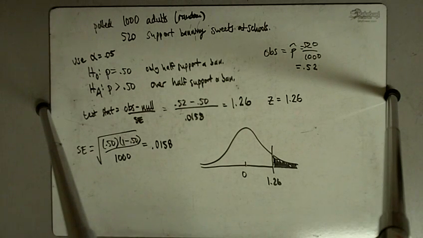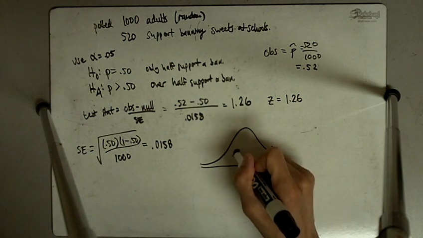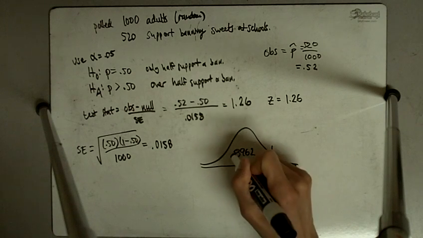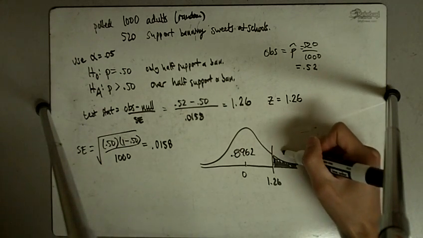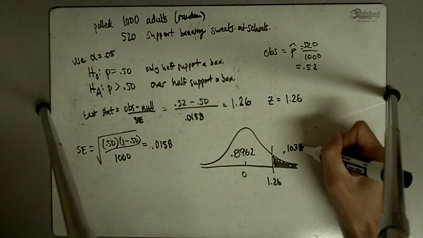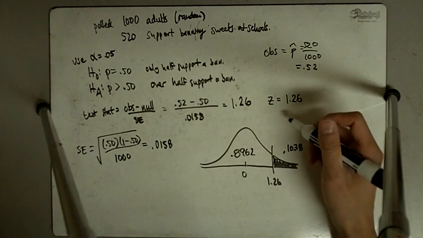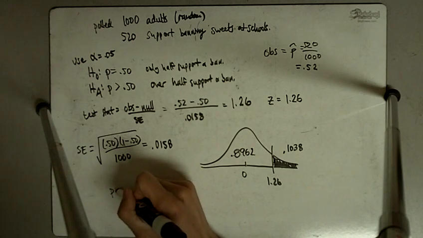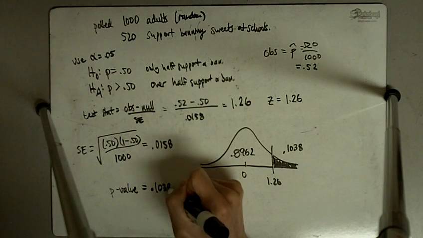So I look up 1.26, and the area to the left is 0.8962, which means the area to the right of 1.26 is 0.1038. All right, and that's my p-value. My p-value is equal to 0.1038.